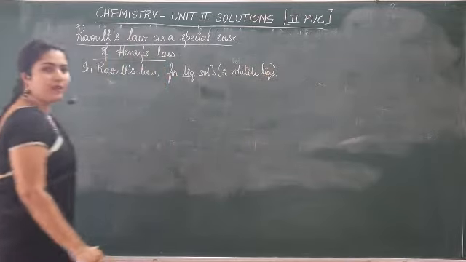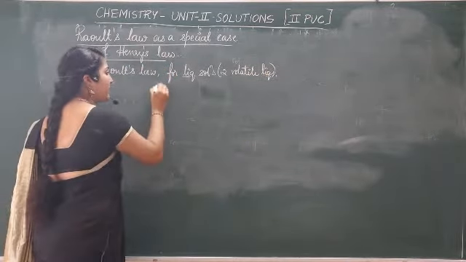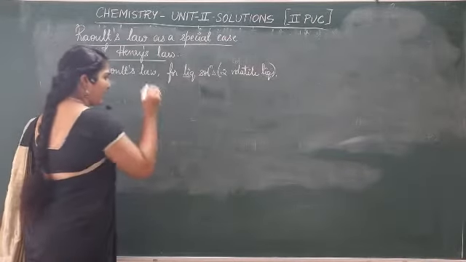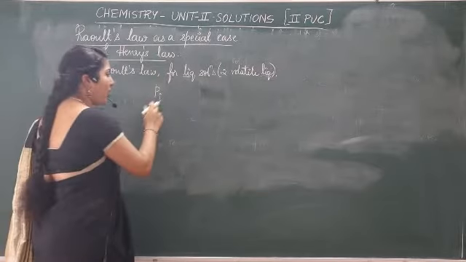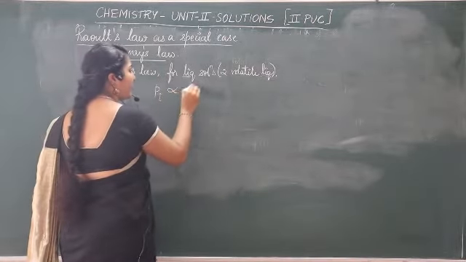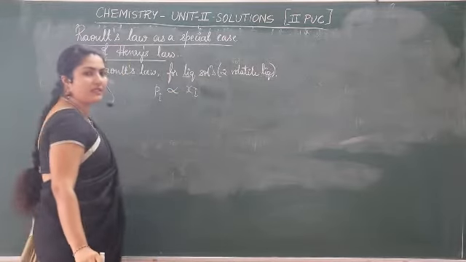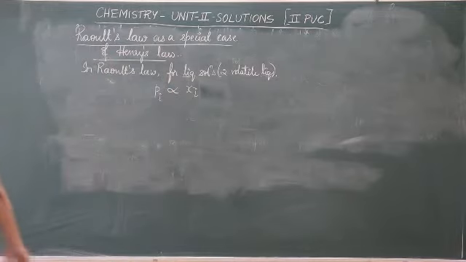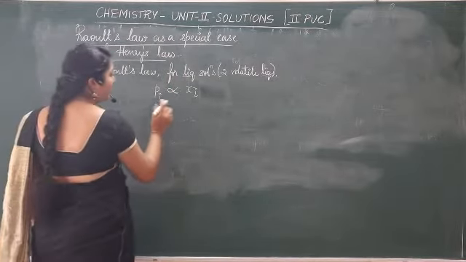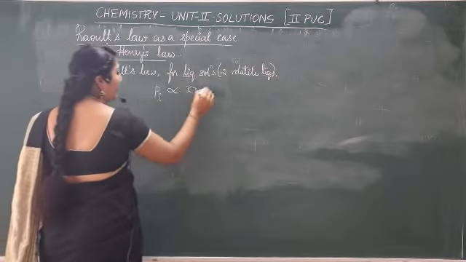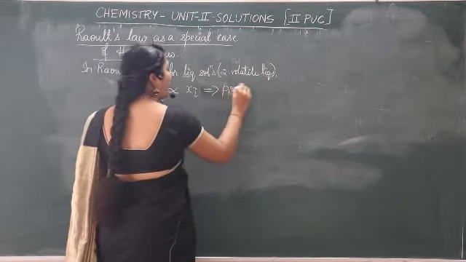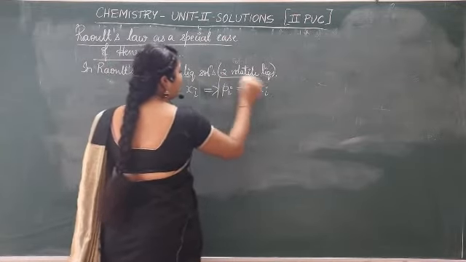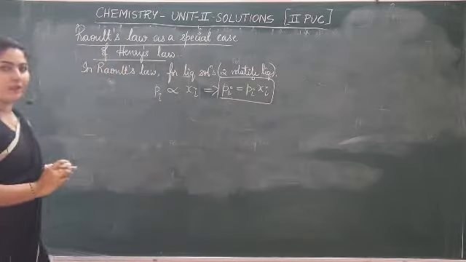For two volatile liquids, the partial pressure of one component, say component i in general, is directly proportional to its mole fraction in the solution. Yes? Then what was told? That implies Pi is equal to Pi naught Xi. This was the relationship. This is Raoult's law.